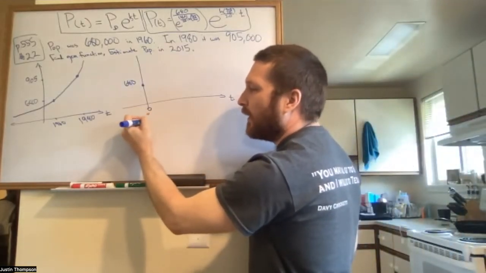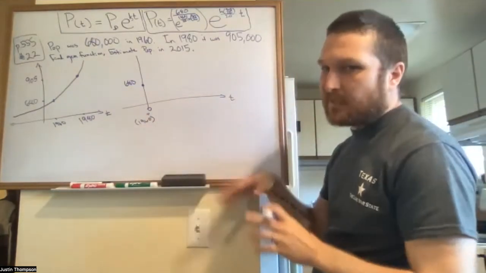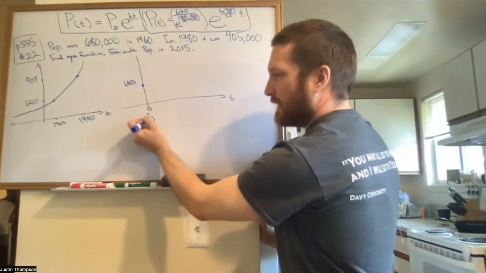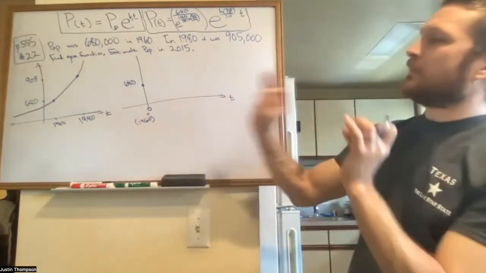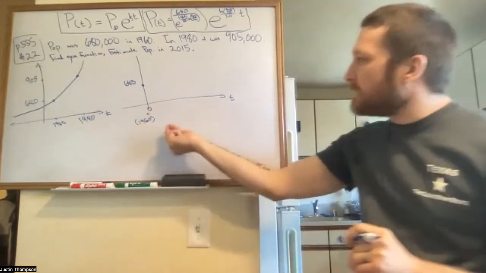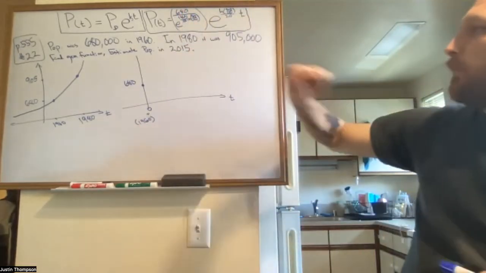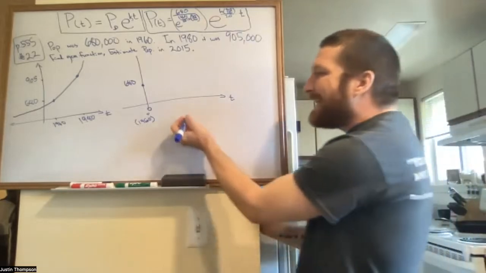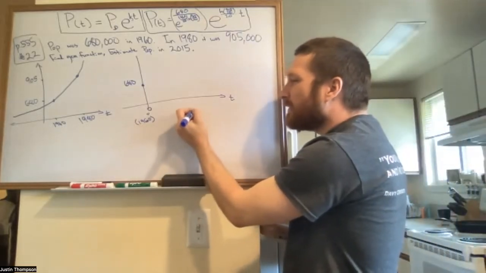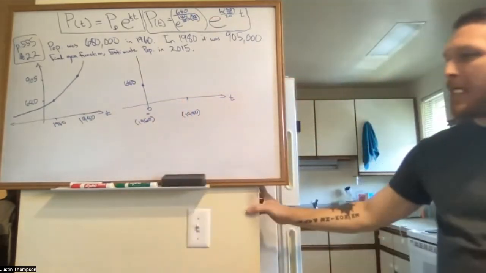That 0 is like unto 1960. So I'd like to have that there just to keep myself honest and say, yeah, okay, 0 is the year 1960. Well, if that's the case, I have one data point, and now my other data point is going to be in 1980. And so how many years is that? What would that correspond to here on the axis?